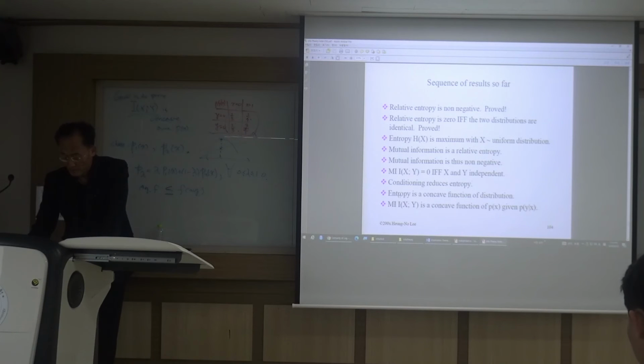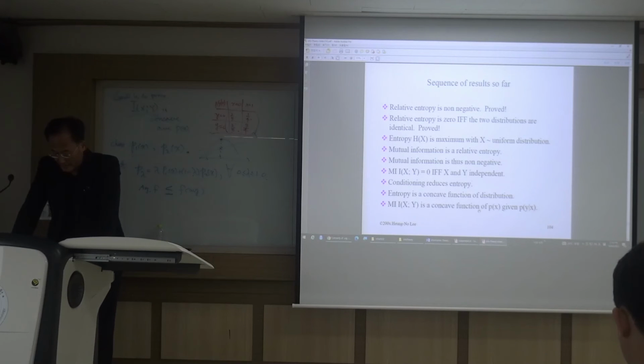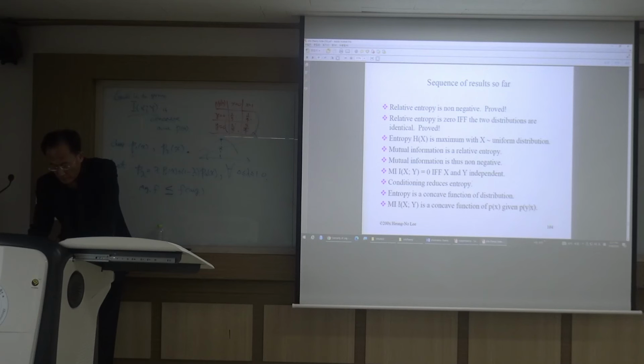And entropy is concave function of distribution, you can say. And the mutual information is concave function of p x given y given x, which is what we just have proved. And this part is very important. This part will be used later on in chapter 5, 6 and 7, and the later chapters utilize this heavily.